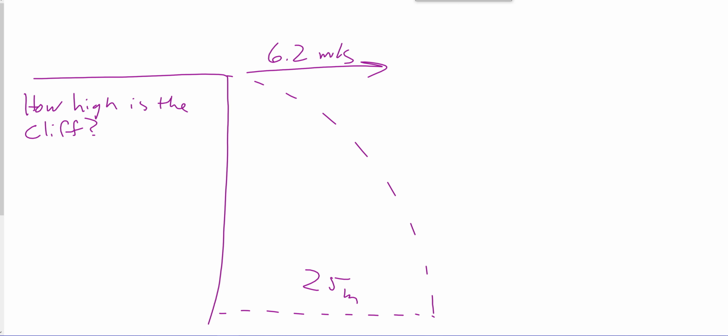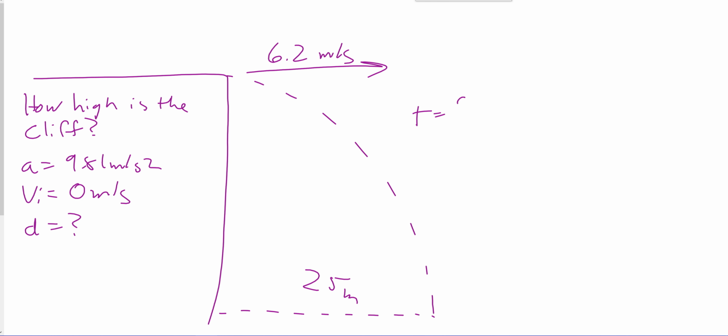All right, so we have a vertical and a horizontal part. The vertical part is undergoing accelerated motion, 9.81 meters per second squared. The big thing here is we have to remember, since it was projected horizontally, that our initial vertical velocity is 0. We're looking for the vertical distance traveled, which is D. We don't have time, but we can get it from here.